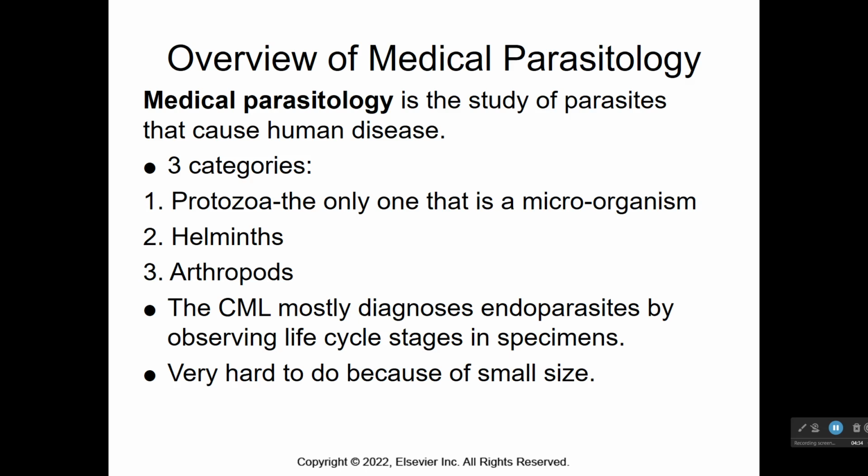Our helminths are worms, but we rarely diagnose them by the part that we see with the unaided eye. We're going to diagnose these helminths with their eggs for the most part, and those eggs have to be seen microscopically, not macroscopically.